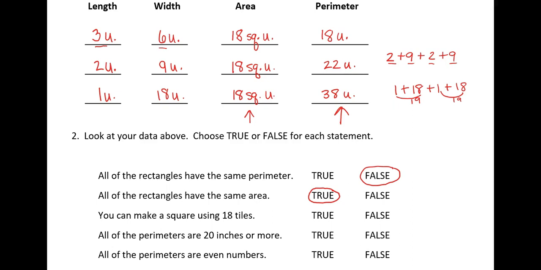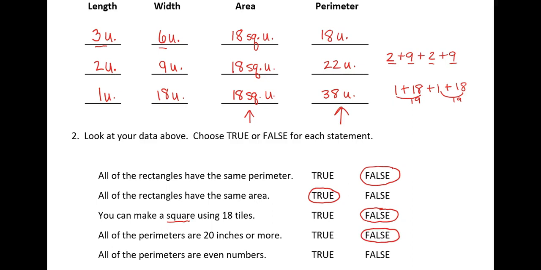The next statement says you can make a square using 18 tiles. By a square, that means all of the sides had to be the same length, and we were not able to make a square using 18 tiles. The next statement says all of the perimeters are 20 inches or more. If we look at our measurements, the first one was 18 units, so that would be false.